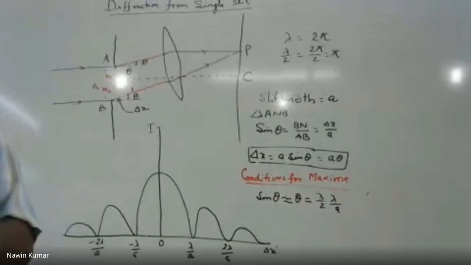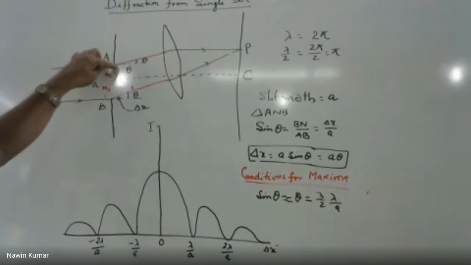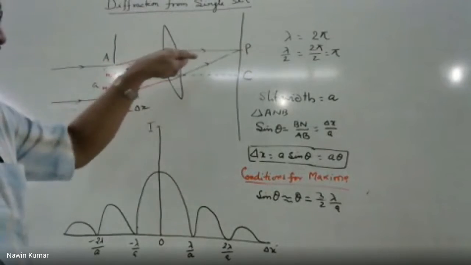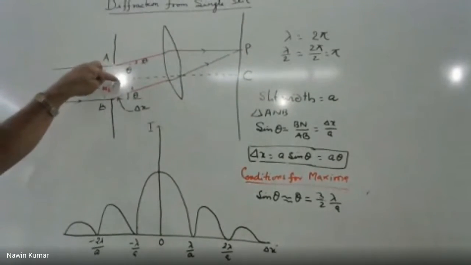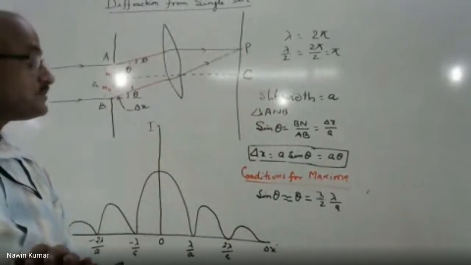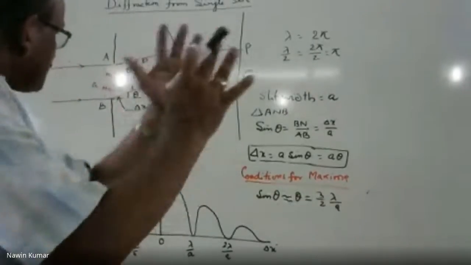So the first two parts of the equal bits, obviously the waves reaching point P from the first two parts are out of phase, as we discussed here. So they produce the minimum intensity. That is the first two parts.